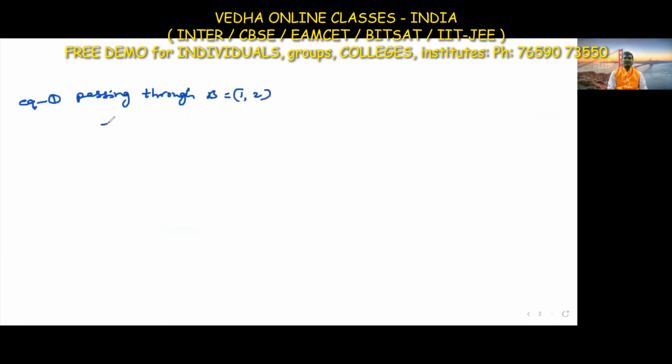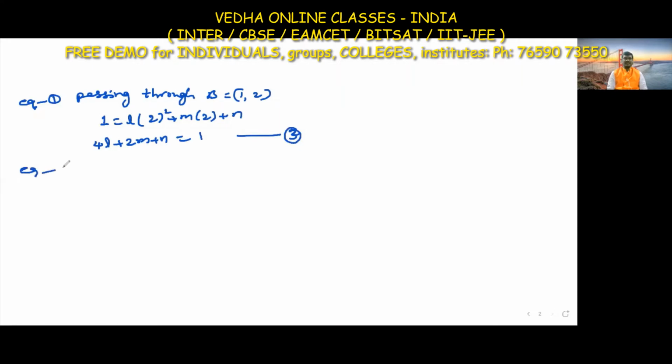Now I am substituting: x is equal to 1, so 1 is equal to L into y square plus m into y plus n. That means 4L plus 2m plus n is equal to 1. This is equation number 3.